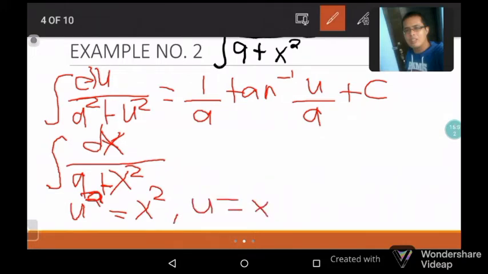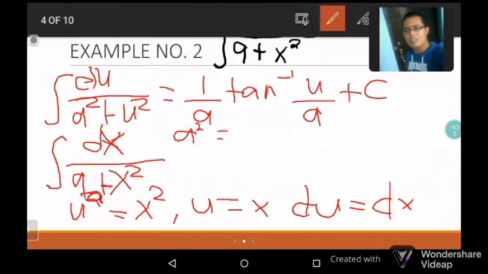So, a squared, which is equal to 9. And a is equal to, so just get the square root of both sides of the equation. So, makuha natin the square root ni 9, which is equal to 3. So, magiging ano to, 1 over a.